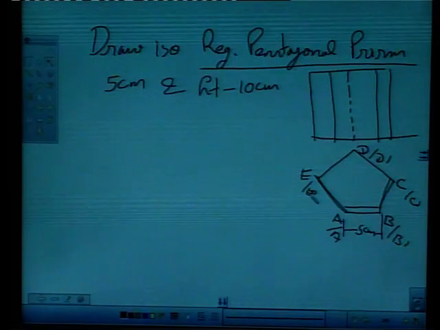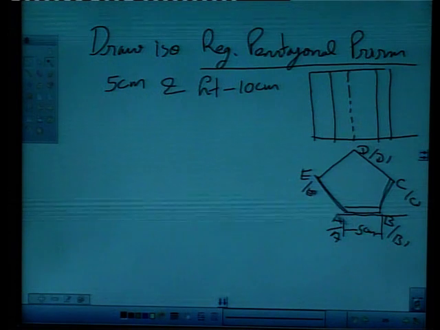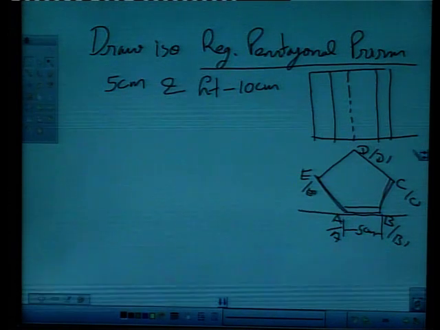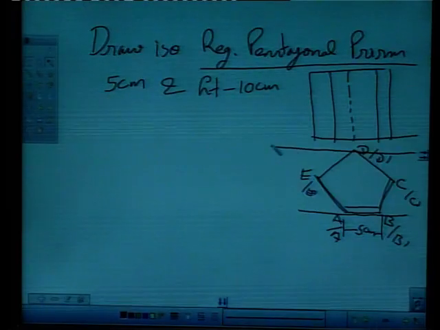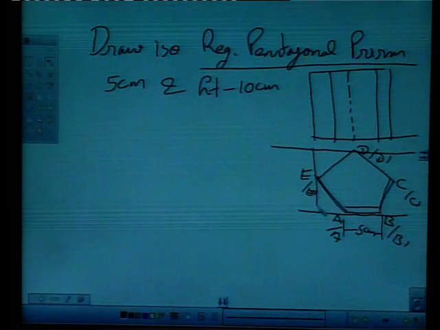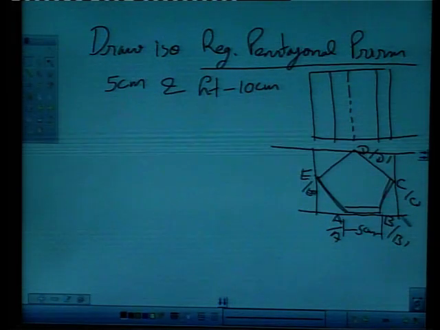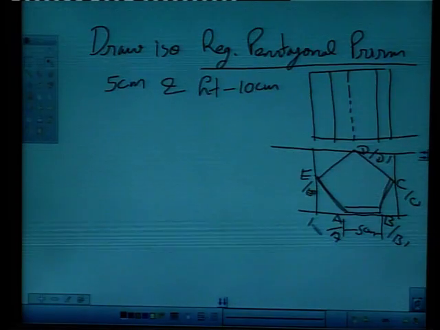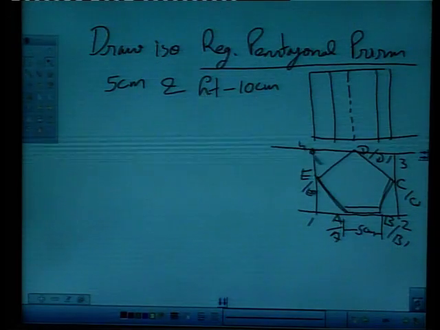How we will do this? We will draw a line like this. We will draw a second horizontal line like this, right? And a vertical line like this, and a vertical line like this. Right? Say this is point 1, this is point 2, this is point 3, and this is point 4, right?